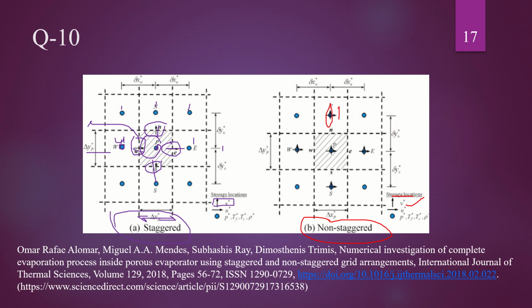Velocity is given as this direction, and here it is this direction, again here it is this direction, and the U star velocity is again given as this direction, and this direction, again this direction. I mean this is the storage location. Here V star is stored at those locations and U is stored at this location. And again the scalars like P, T, rho, everything are stored in this location only. The storage location is the same for everything.